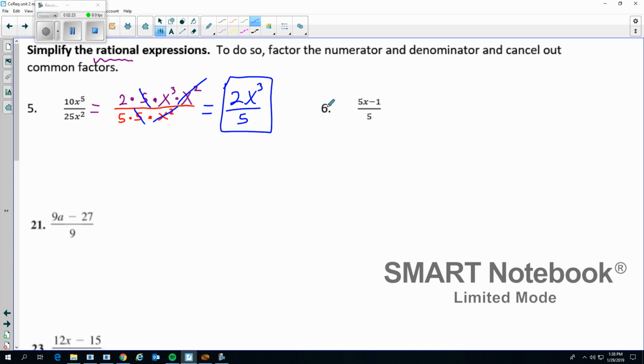Looking at 6, this one is actually a trick question. The most common thing students want to do is cancel out the 5s, but that's not right, because that 5 is dividing into the whole numerator, not just the 5x, but also the minus 1. You can't just divide the 5 into this 5 and leave the minus 1 out of it.